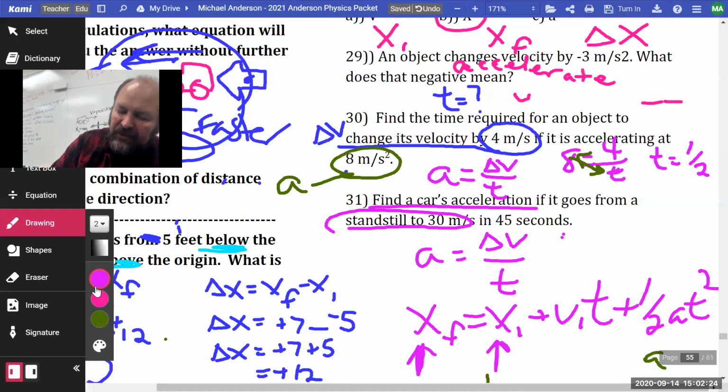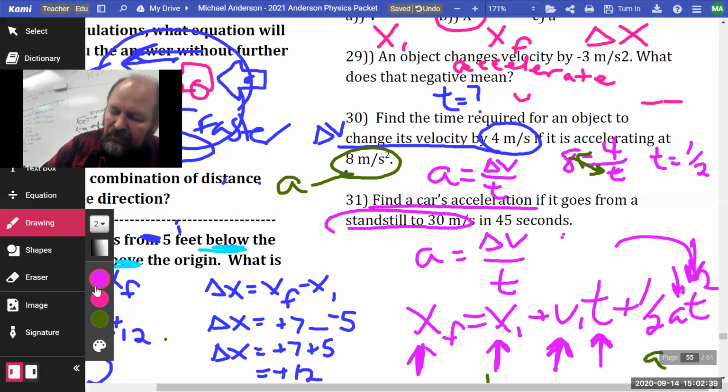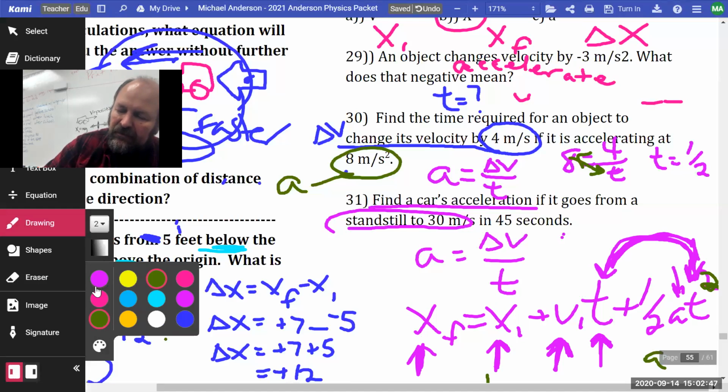The x sub i is the initial location. The v sub i is the initial velocity. The t is the time of motion. The a here is the acceleration. And this t is the exact same t as over here. The time of motion is written in two places, but just remember, one of them has a square to it. The other one doesn't.